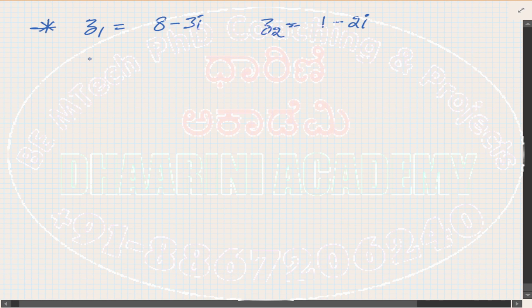Right? So using the Euler's form, find z1 into z2, and find z1 divided by z2, and also find z2 by z1.